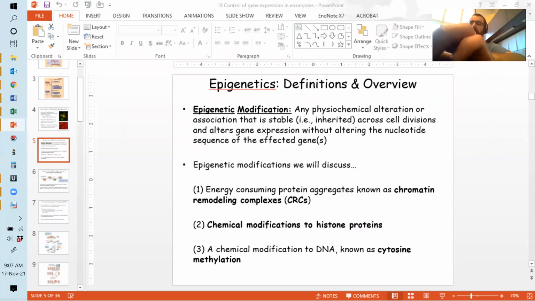I'll just add that. And it affects gene expression and it's heritable. Heritable, there you go.